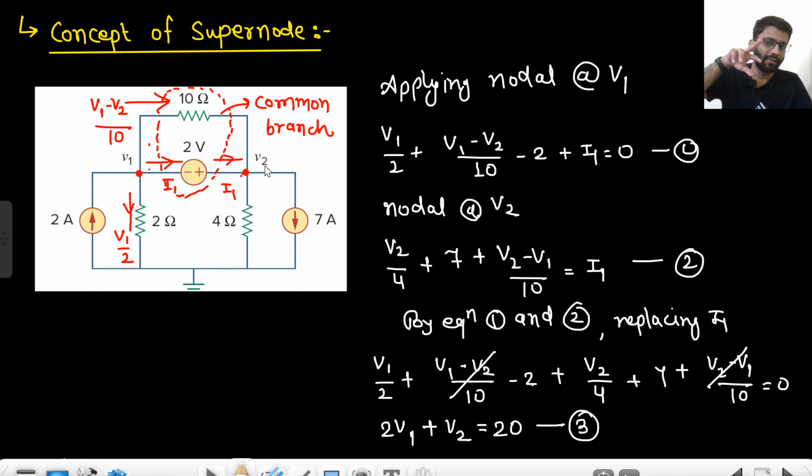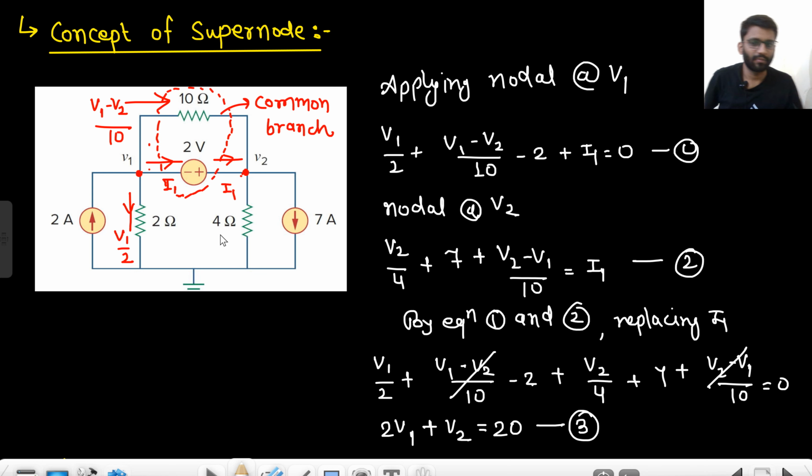Potential of V1 can be written in terms of V2, or potential of V2 can be written in terms of V1. So now while applying nodal analysis, you can ignore the current in the 2 volt and 10 ohm resistance.